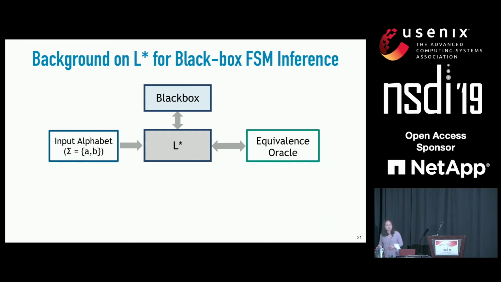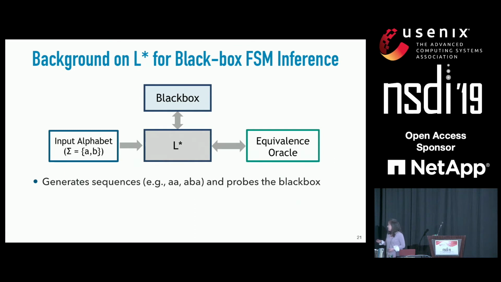At a very high level, L-star takes an input alphabet as input, which is a set of input symbols that the black box takes. In this case, it's A and B, right? Given this input alphabet, L-star generates sequences like AA, ABA, ABBB, probes the black box, records the output, and uses the input-output pairs seen so far to infer the hypothesis FSM.